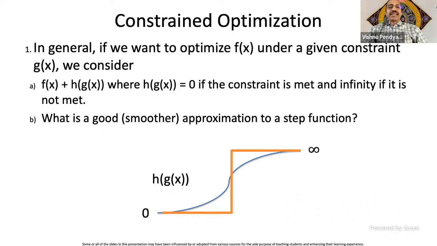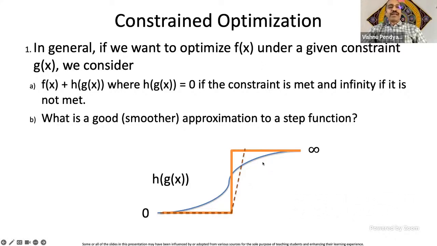Another way to look at it is as a straight line, right? This S shape can be approximated by a straight line. If g of x is met, it is still 0. And if g of x is not met, then this straight line will tend to infinity anyway, right?